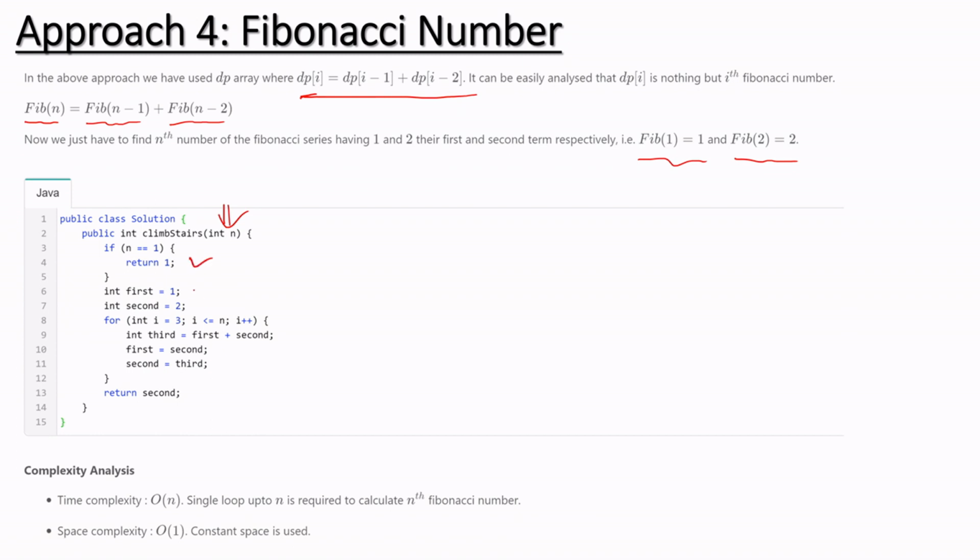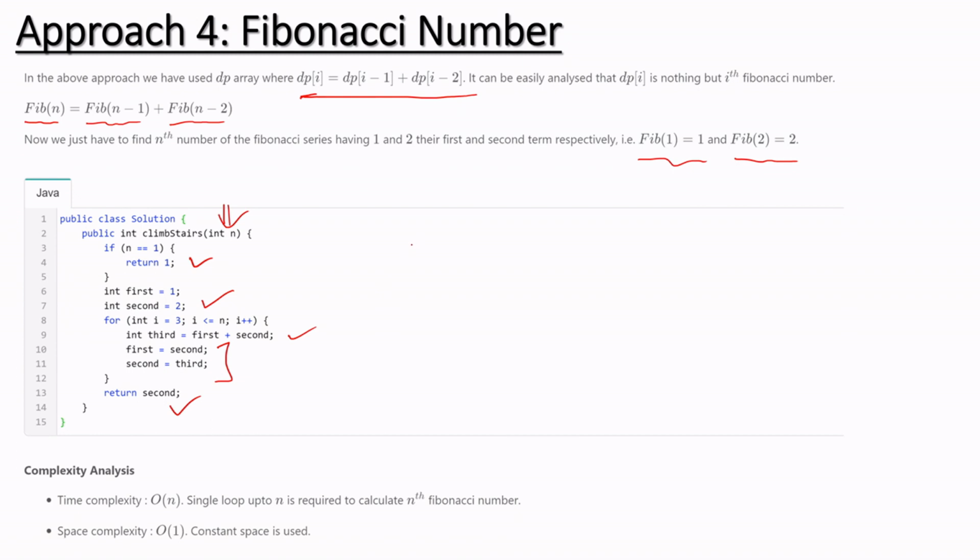So two variables we are taking, first n1 equal to 1 and n2 equal to 2, right? So n1 and n2, that is first and second, right? And then we will start from i equal to 3 to n, and then we will calculate the third, and we will swap the data. First is second, second is third, right? And we will move to second.